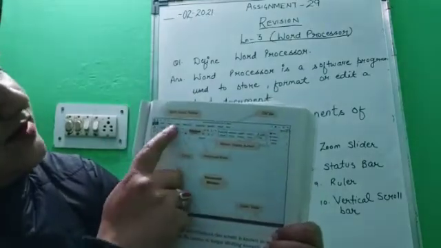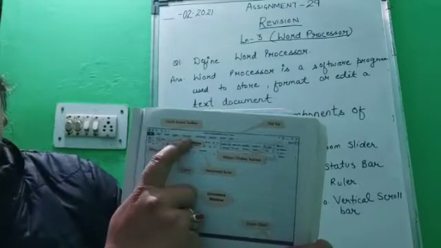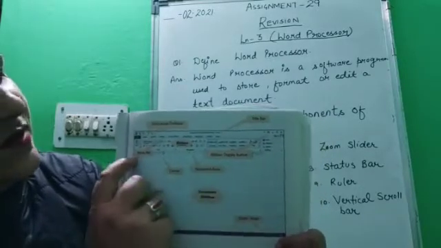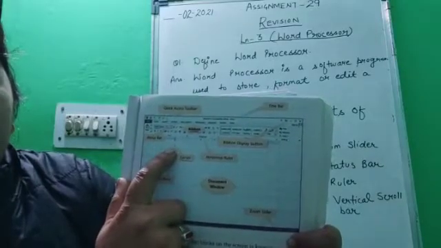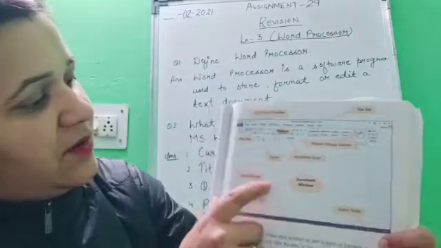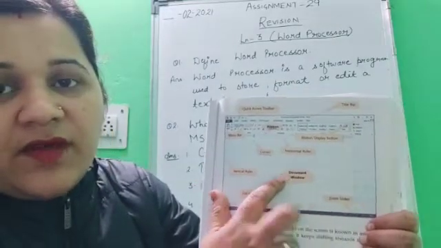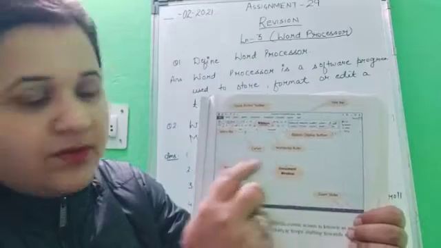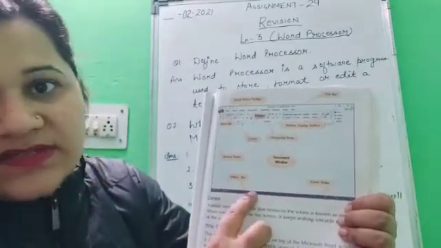Now this is the menu bar. File, home, insert, design, page layout. This bar is known as the menu bar. This is the cursor. This small black line is known as the cursor, from where we start typing. Next is the document window. This whole white screen is known as the document window, where we type something and it shows. Now this is the status bar. This blue line at the bottom is the status bar.